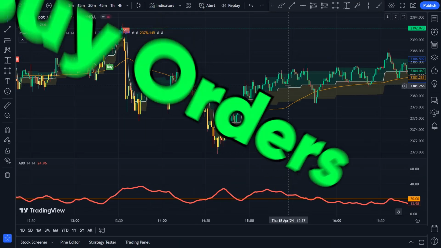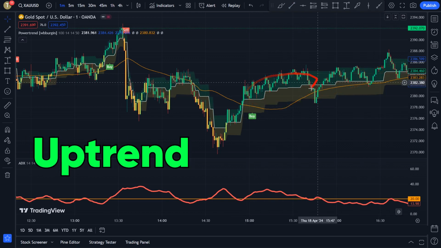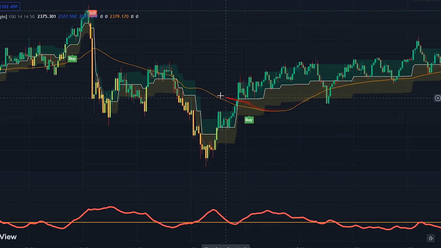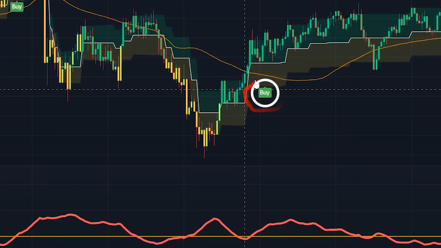Let's move on to buy orders. First of all, we must ensure that we are in an uptrend, meaning that the candles are above the power trend indicator line. Then we should look for a buy signal generated at those points.